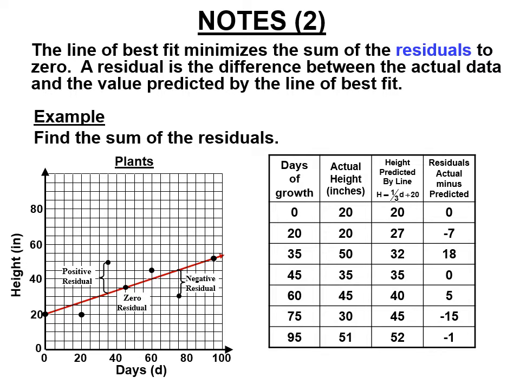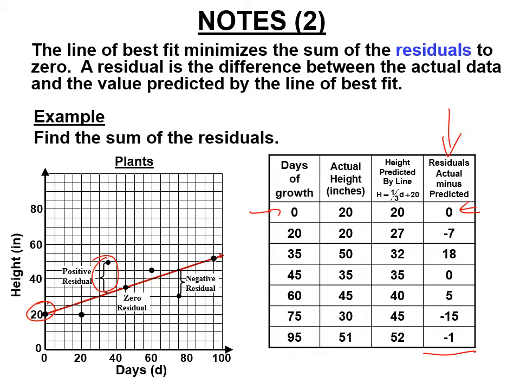So we have 0 plus negative, I'm adding up this column right here, the residuals. And that's these distances. Some of them are positive when the line is below the dot, and some of them are negative when the line is above the dot. So let's just show you this. This first one is 0, 20, it's this one, right? And it's right on the line, so it has 0 residual.